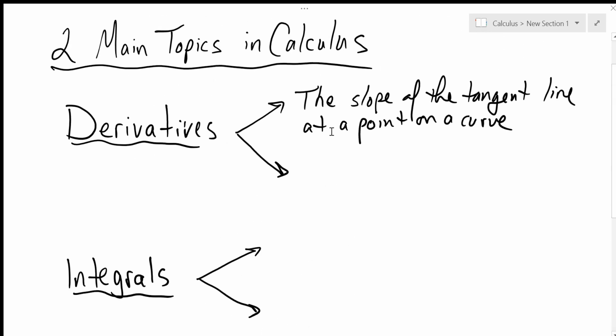A second way to explain what a derivative is, it's the change of the y value, or the change of the function value, as the x value changes just a small amount.